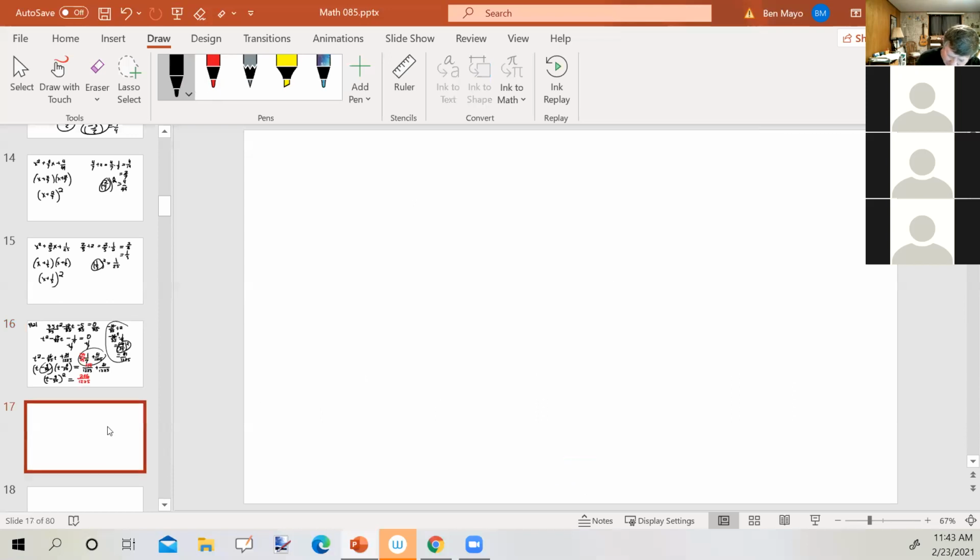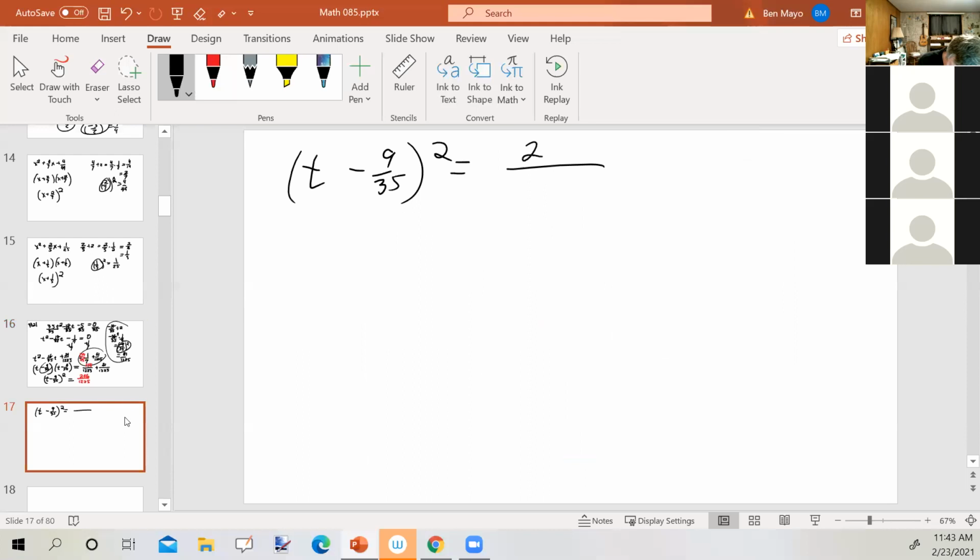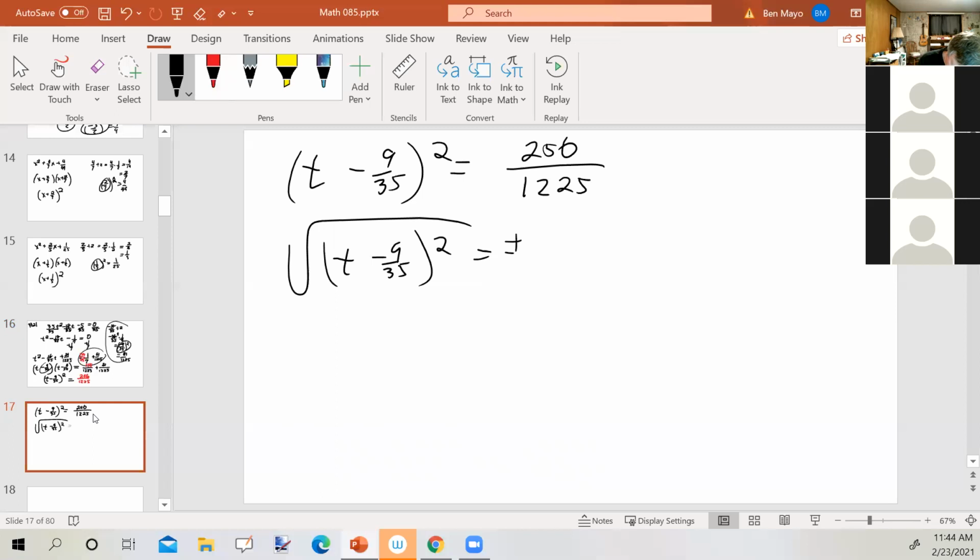Okay, I'm going to recopy that on the next page. T minus 9/35 squared equals 256 over 1225. Take the square root of both sides, and you get t minus 9/35 equals plus or minus.